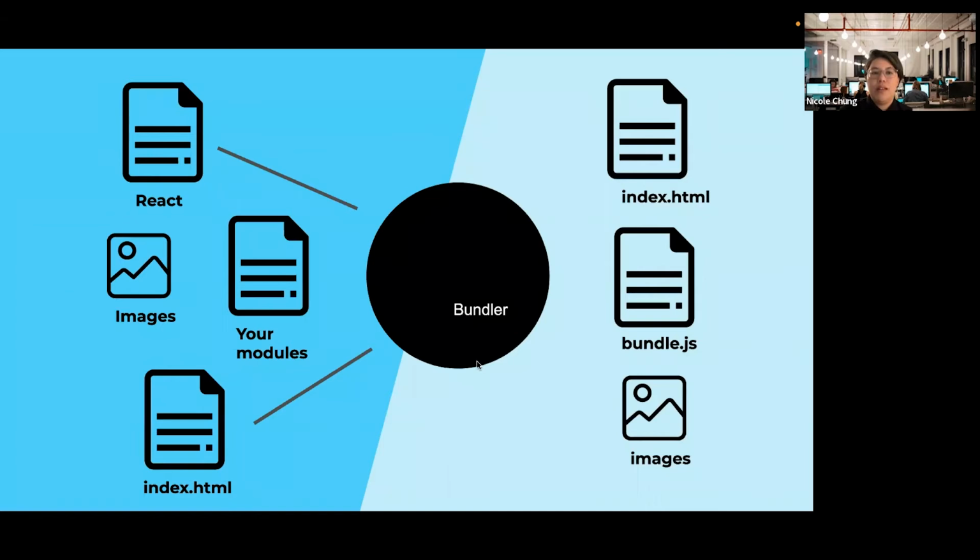When you build a React app, you have React, any modules you write, and images. This is very oversimplified, but at the end you have your index, your bundle, which is usually React, any libraries you've imported and all your other modules, and images. So when you use a Vite template and say make me a React TypeScript app, this is what it's expecting, right?